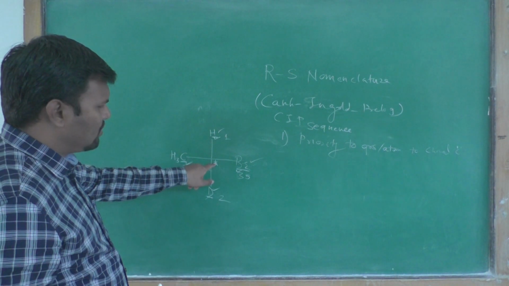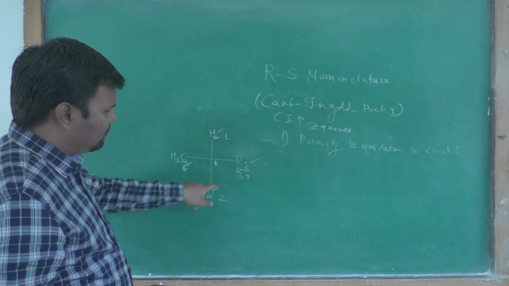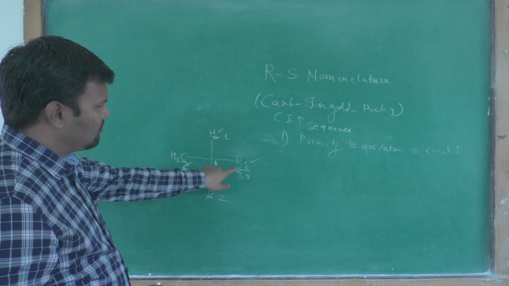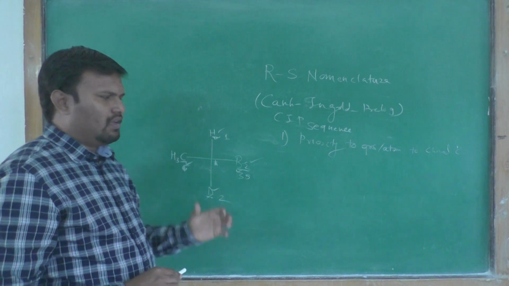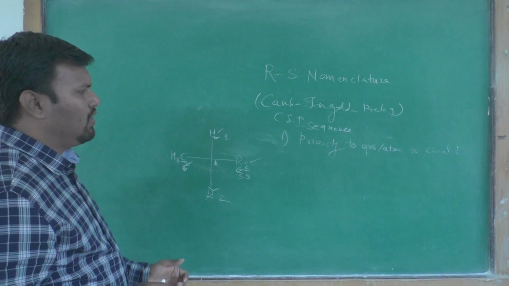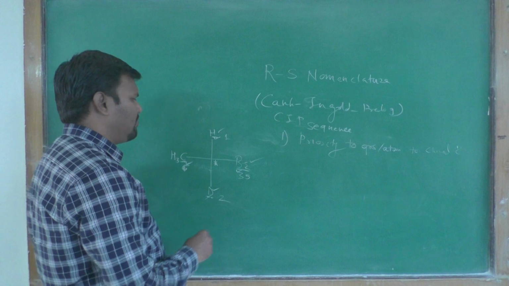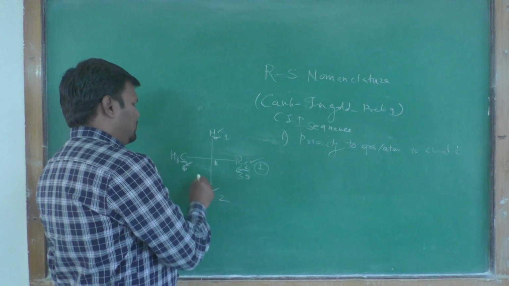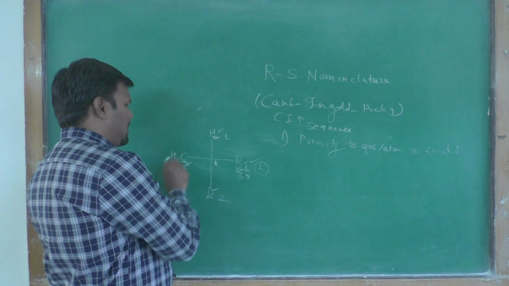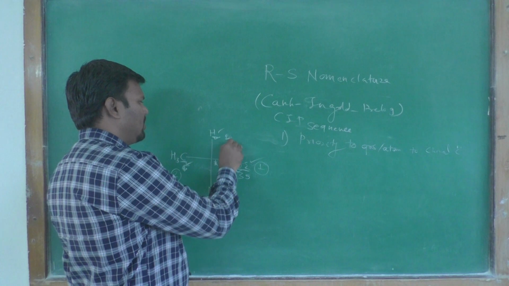Directly attached to the chiral center are 4 different attachments: Br, carbon, hydrogen, and deuterium. Then we give the priority according to atomic number. The priority of bromine will be 1, the second is carbon, third is deuterium, and fourth is hydrogen.